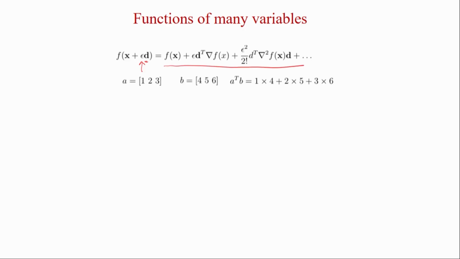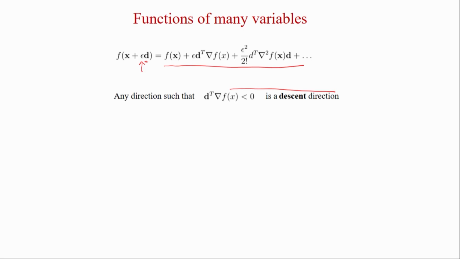By dot product, I know you know what I mean. d transpose del f of x is just the partial derivative of the function with respect to each of the coordinates, and d is the direction in which you are moving. So this is d transpose del f of x, which is just a number, where transpose is your usual matrix or vector transpose.